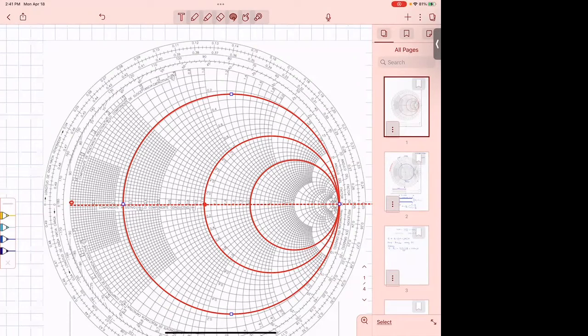It says here, those who speak Spanish, I think you will be able to find what it says, but it says reactive component, which is inductive. So all of the values here are positive, and all of the values here are negative. An inductive component here means your impedance is like plus jX, positive, all right?